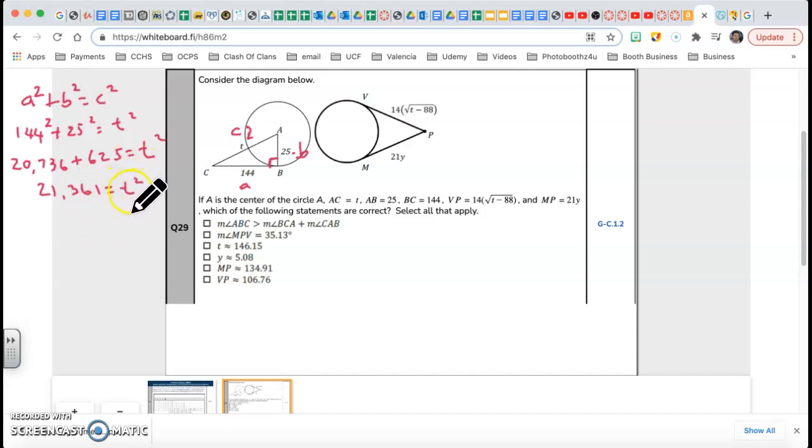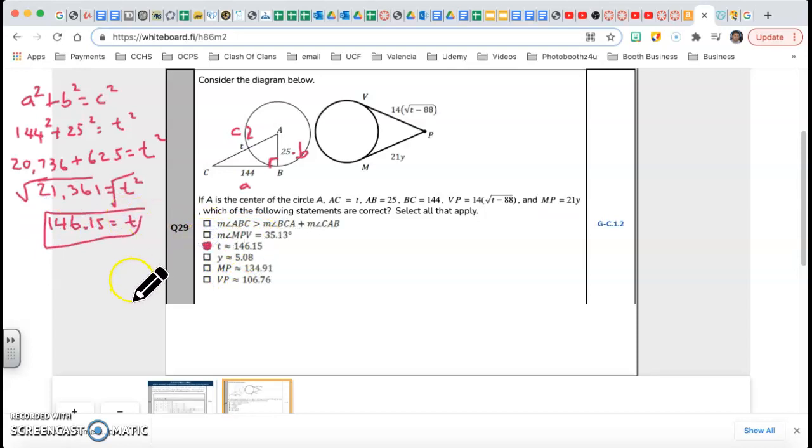But remember, I don't want t squared, I want t. Square root on both sides, right? The square root of 21,361 is going to give me 146.15. That's the value of t. Remember, they're saying approximate, so this is the right answer.